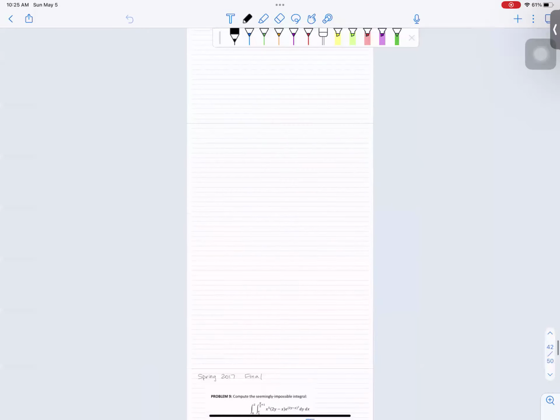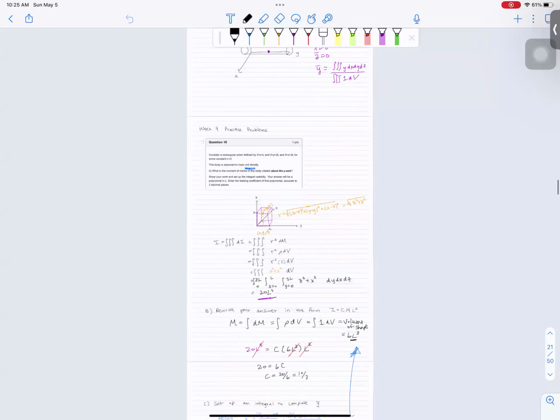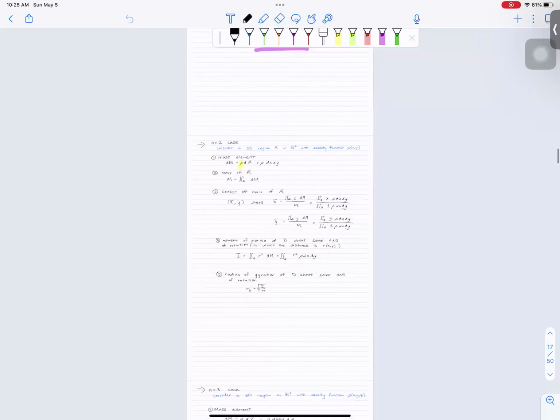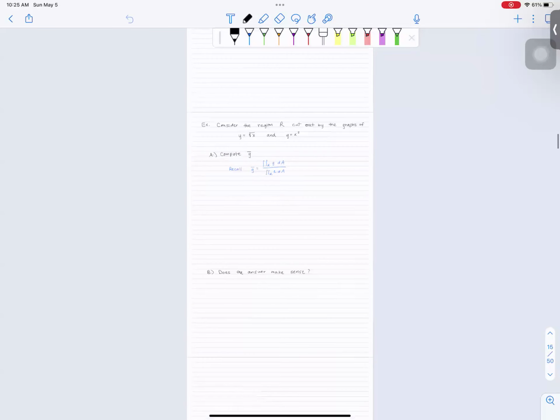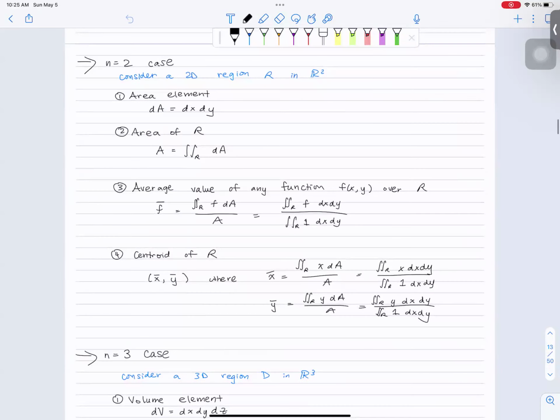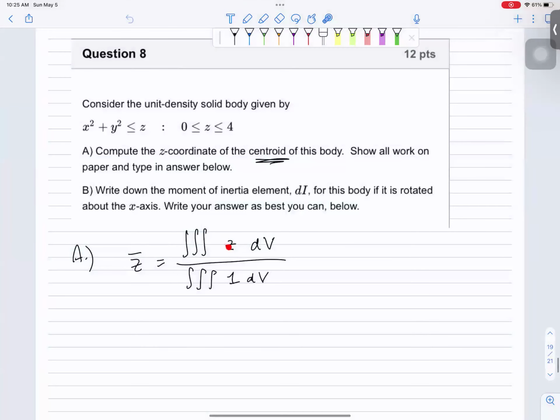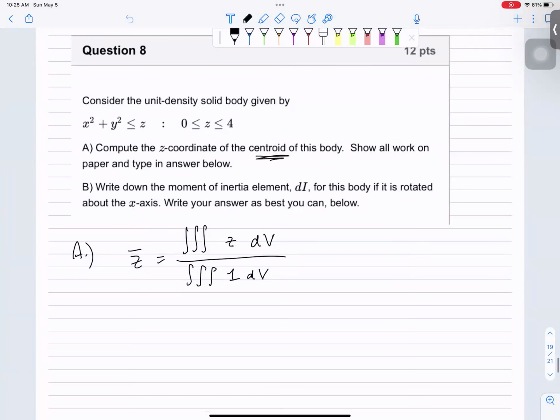Centroid was the one that did not have a mass in it. The integrand has that letter in it, dA or dV, depending on what dimension you're in. So it's just z dV over 1 dV. Okay. What am I integrating over?